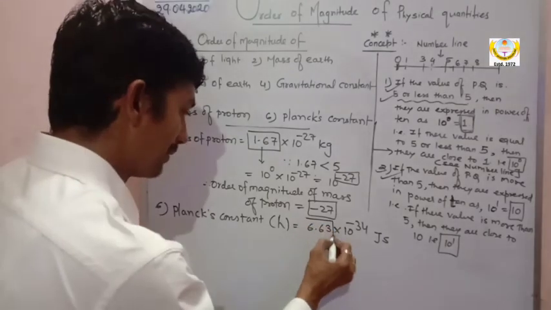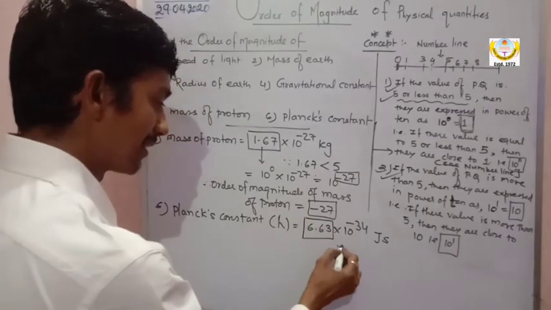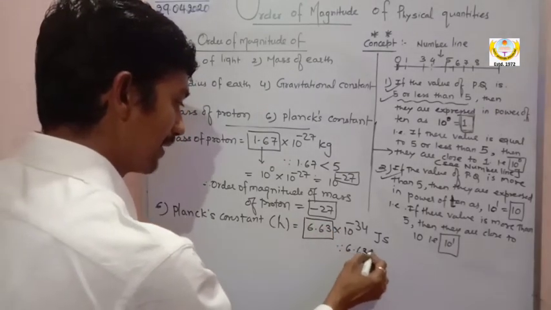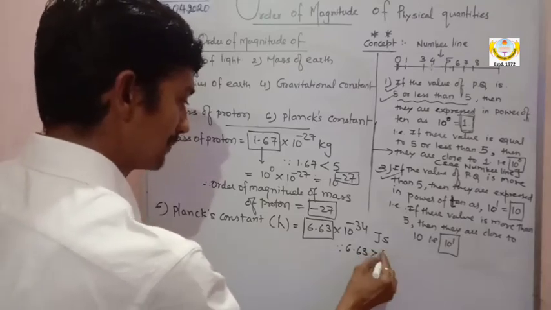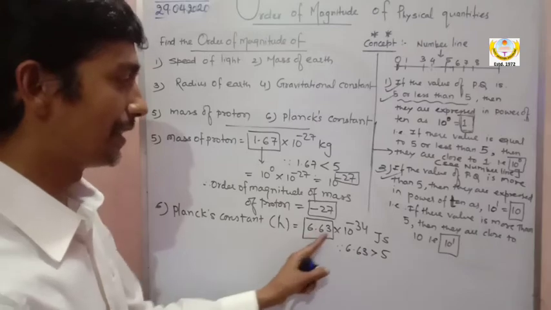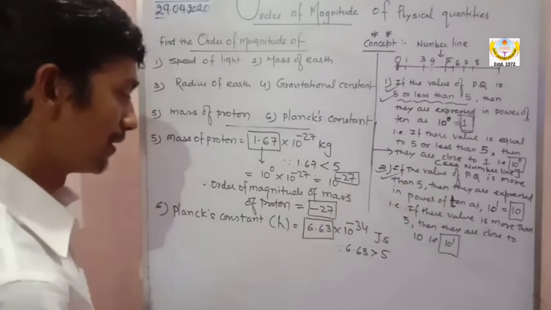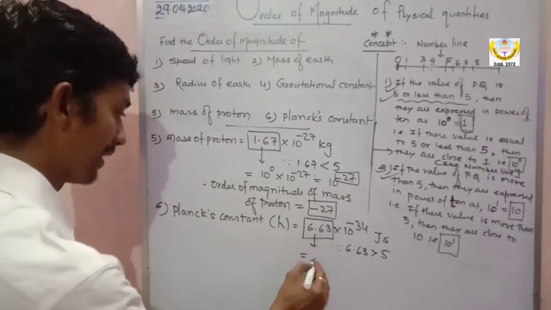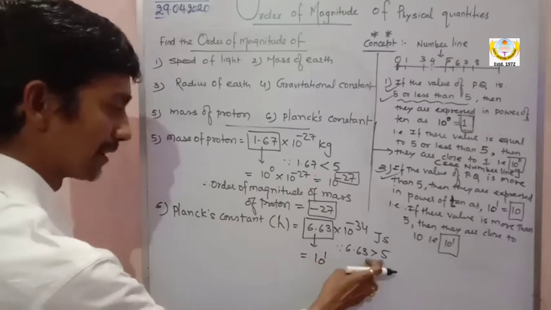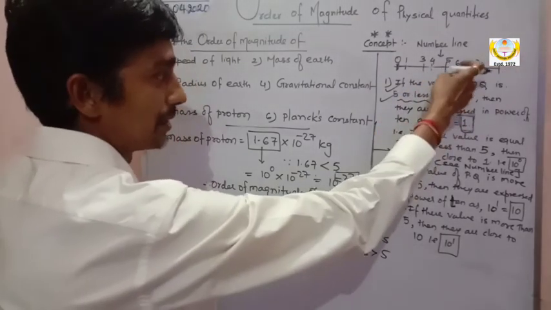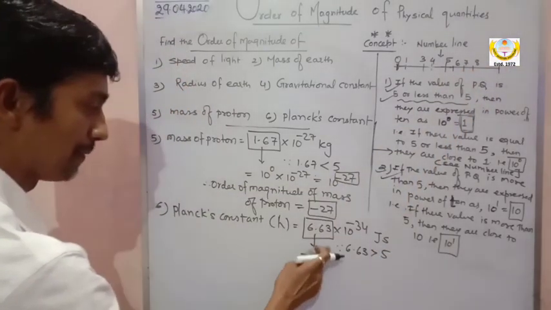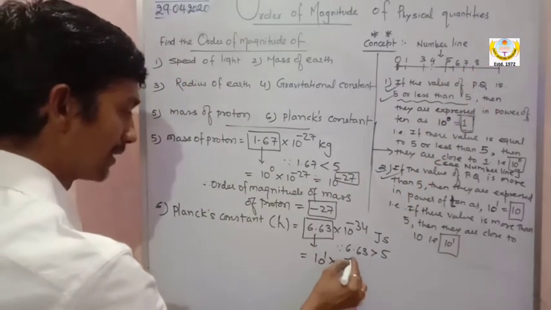So again the value is in one digit. Since 6.63 is greater than 5, my second rule, if it is greater than 5, my dear, here I will write 10 power 1 because 6.63 is close to 10. So it is 10 power 1 into 10 power minus 34.